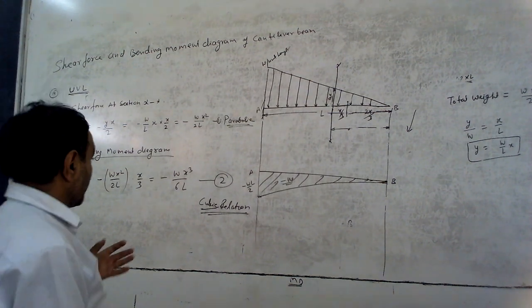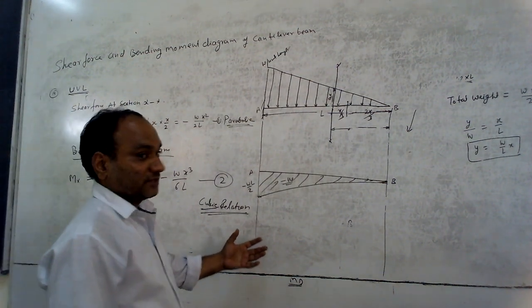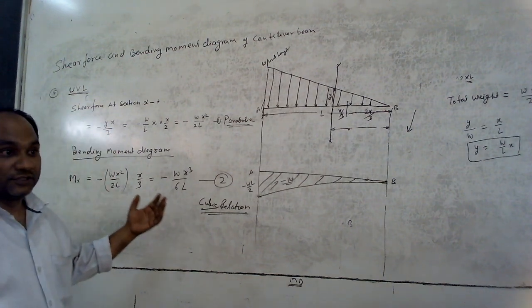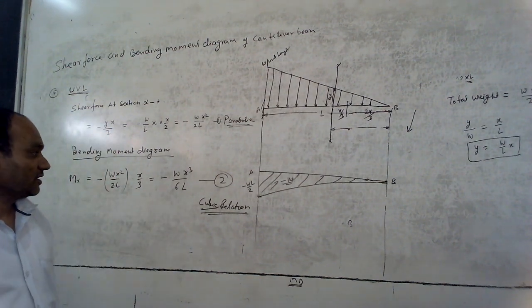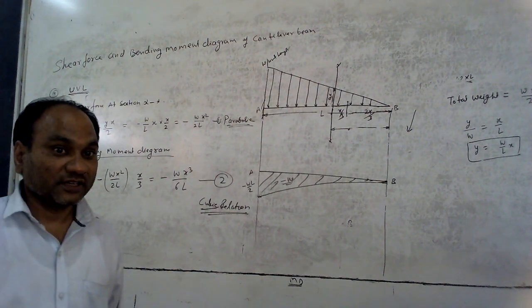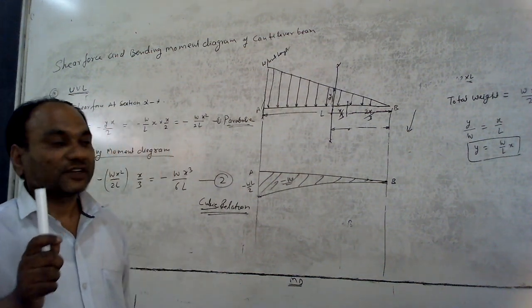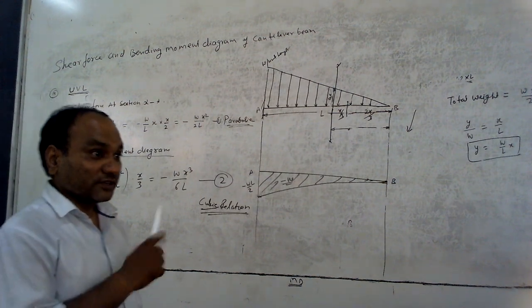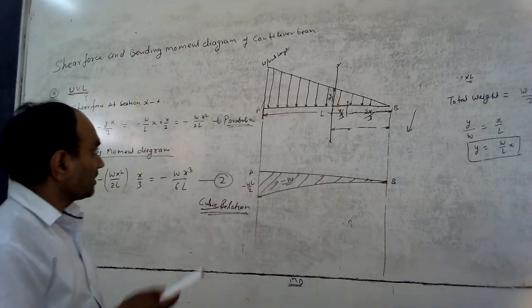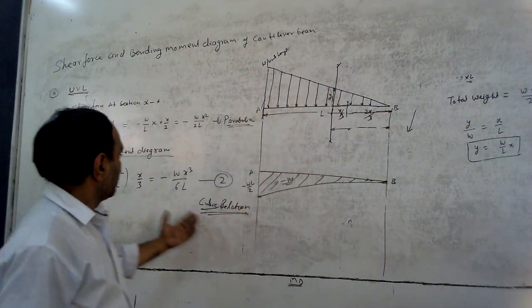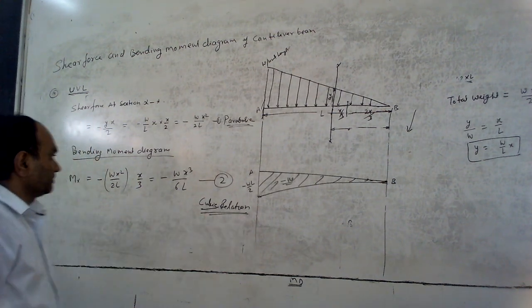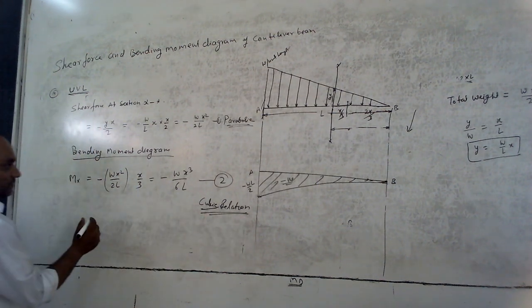How does the bending moment diagram vary in a point load, UDL and UVL? In point load, it varies linearly, in UDL it varies parabolically, and in UVL it varies cubically, x power 3.